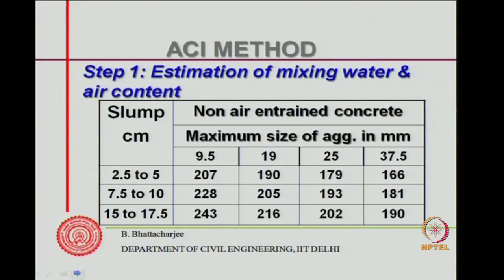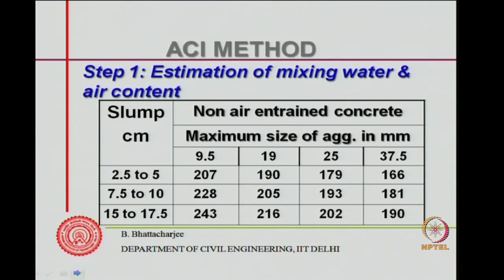First part is related to the mixing water, and the second part gives you the amount of air entrainment, right. So you determine the amount of air content and mixing water together from two tables. One is for non-air entrained concrete, another is for air entrained concrete.